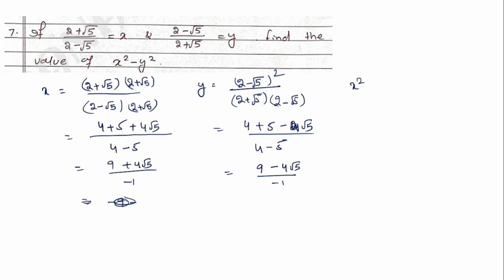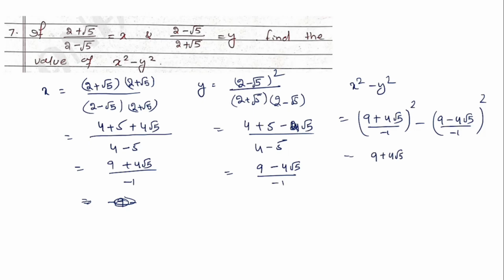Now write down x square minus y square, means 9 plus 4 root 5 by minus 1 whole square minus 9 minus 4 root 5 by minus 1 whole square. Whole square means we can write minus 1 square is plus, that is only 9 plus 4 root 5 whole square minus 9 minus 4 root 5 whole square.